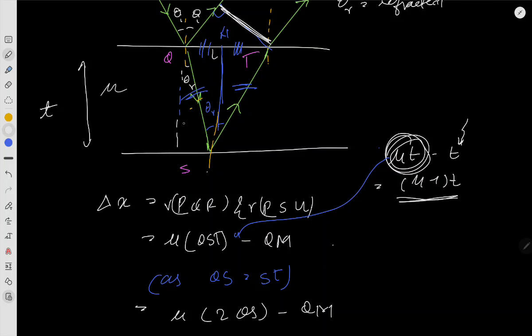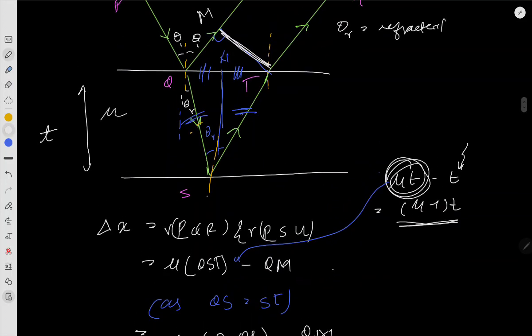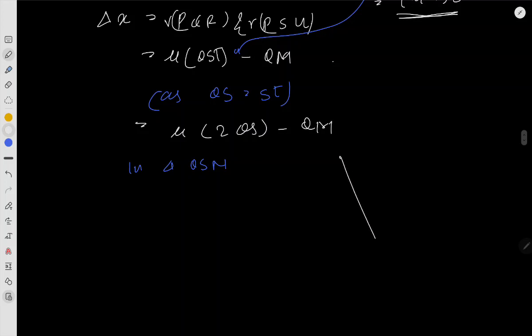Okay, just a minute. This is the T and this is QS. In the triangle QSN, I'll draw the triangle over here because it's a very hodgepodge diagram. So this is our T and this is our theta R.